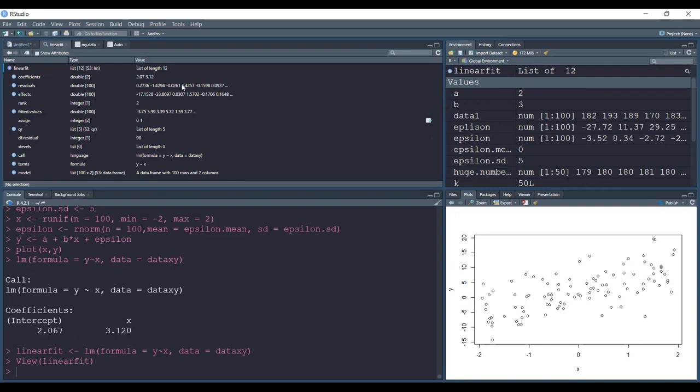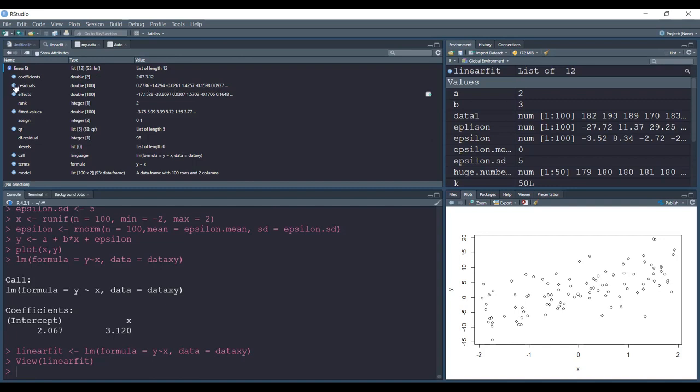Look. You see, there are the residuals. Degrees of freedom. See, this is like n minus 2, the 98. I don't know if that's a coincidence. But anyway, we seem to have our residuals over here.